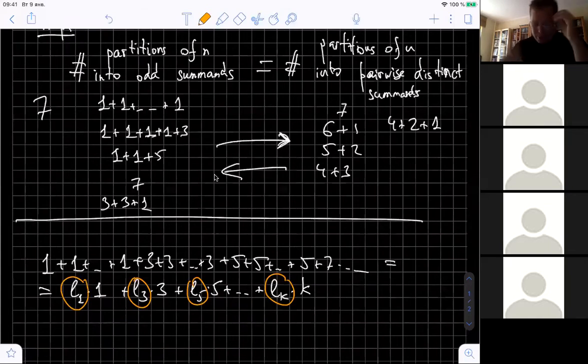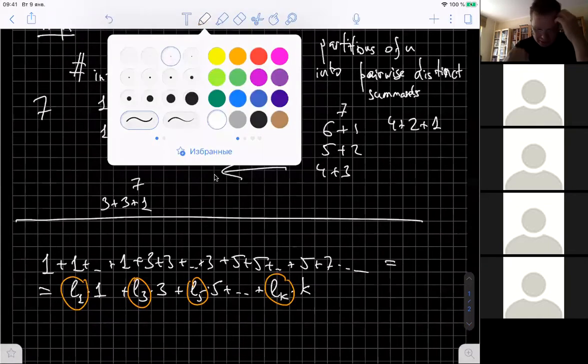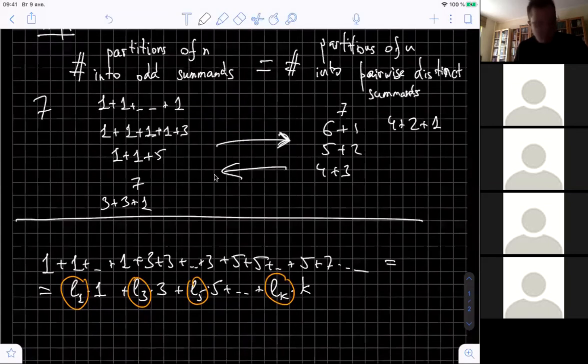And I will use powers of 2. So I just want to express every number as a sum of powers of 2. You can easily prove that each natural number can be expressed as a sum of some powers of 2.